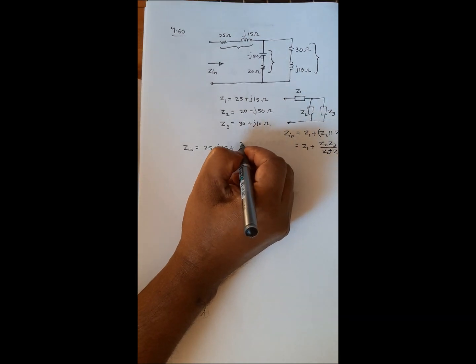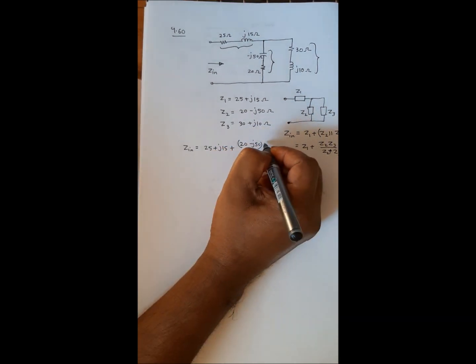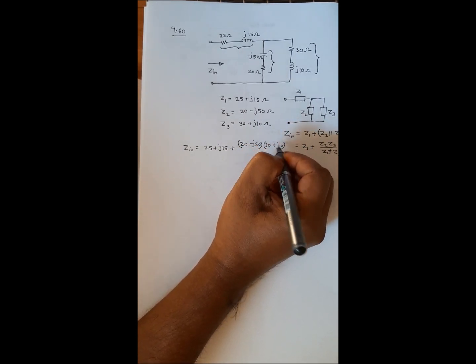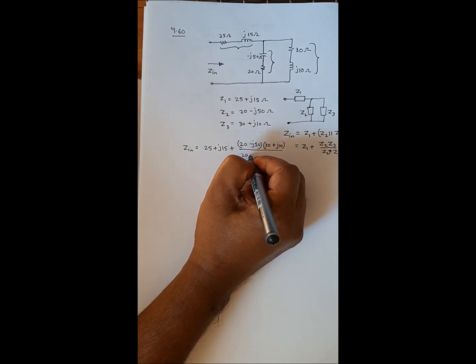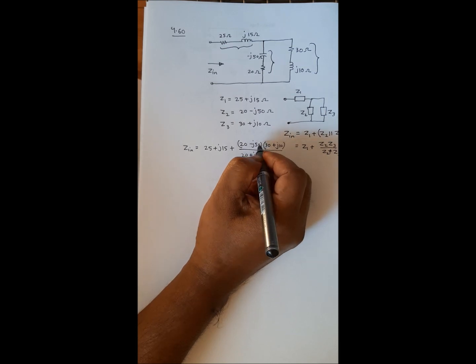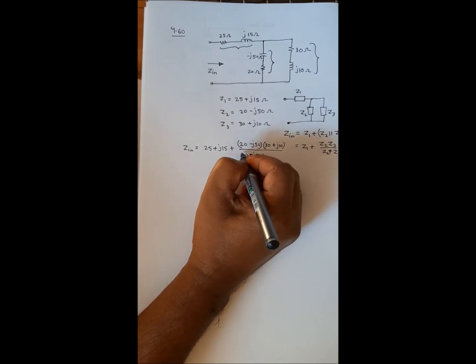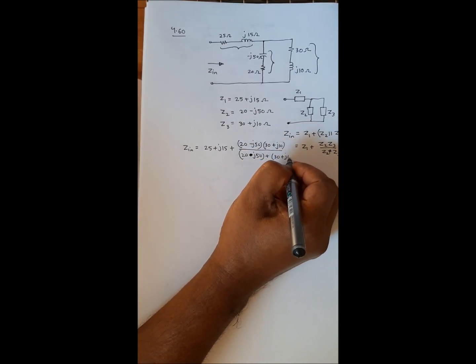So you can write 20 minus j50 times 30 plus j10, over 20 minus j50 plus 30 plus j10.